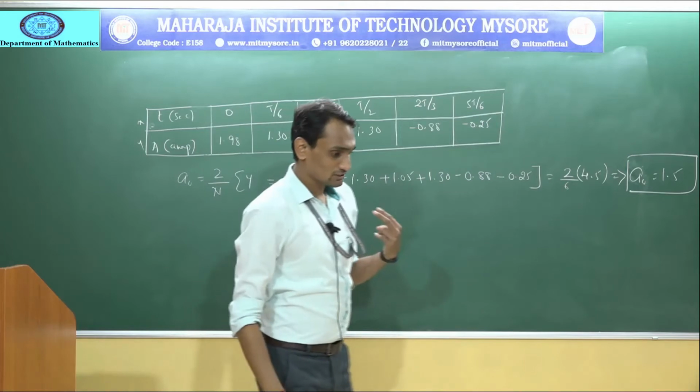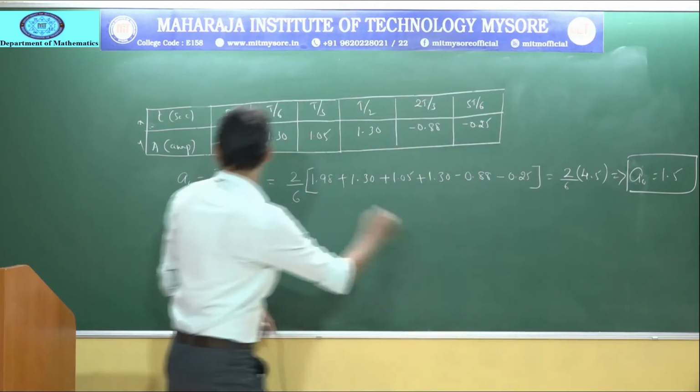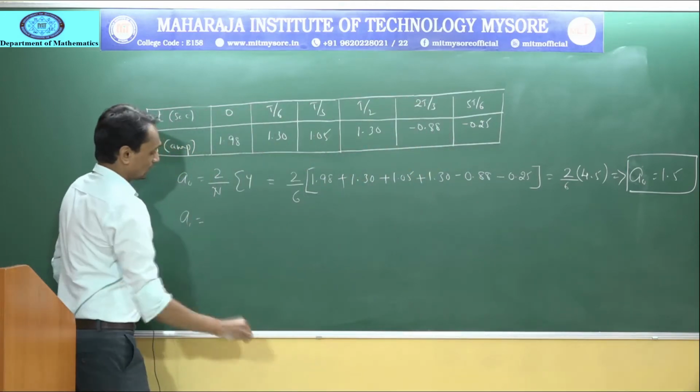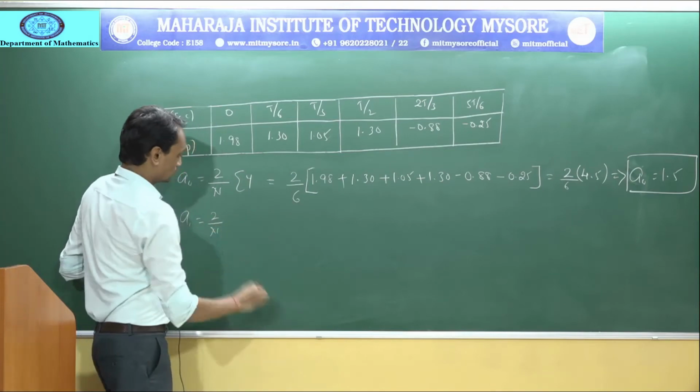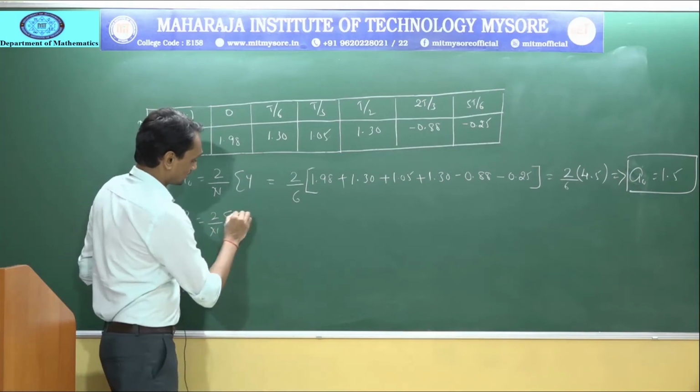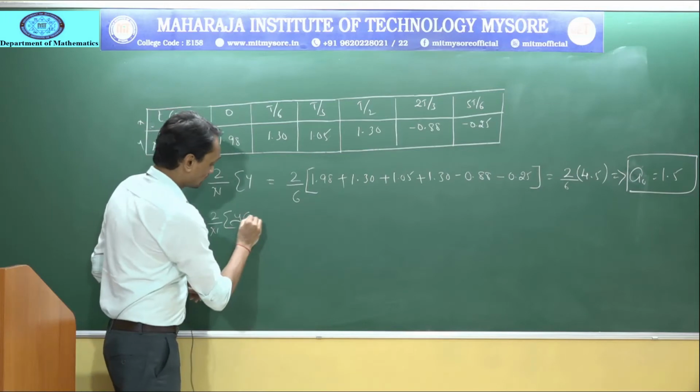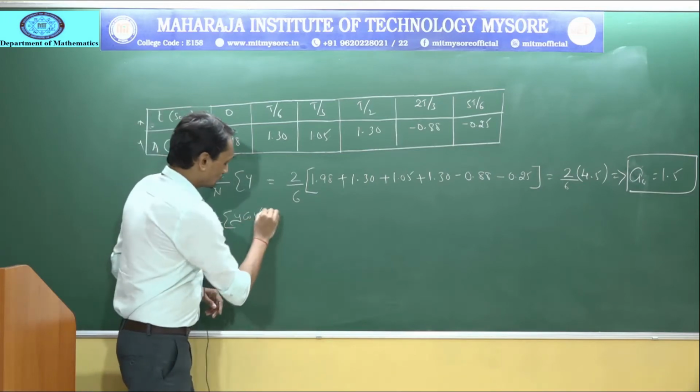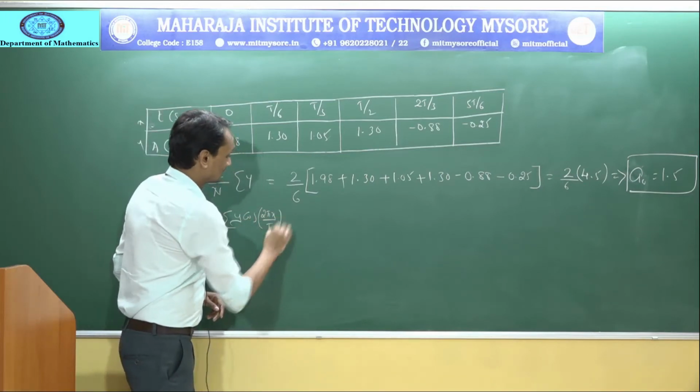Now the remaining two values are a1 and b1. So a1 equal to 2 by n into summation of y into cos 2 pi x by t.